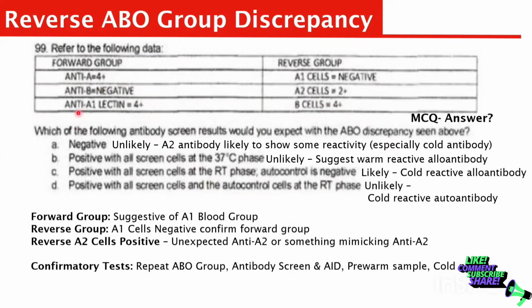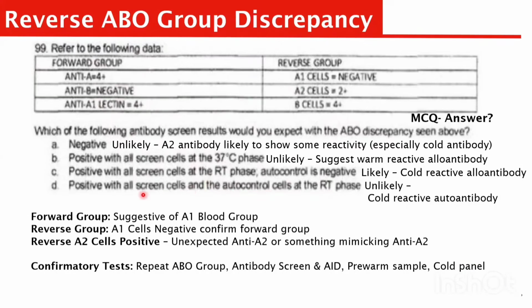In fact, even the anti-A1 lectin is already a strong confirmation that this person is A1, because we use it to differentiate A1 or A2. So this already confirms that this is A1, and A1 is not commonly expressed at room temperature. You can see it strongly at 37 degrees. And to also confirm that it will not be D is the fact that the auto control is positive.